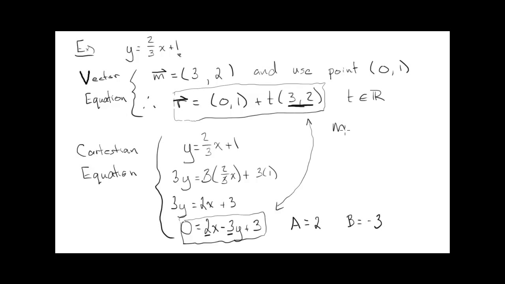And up here, the direction vector was 3, 2. Do we notice a connection between these? Maybe, right? 2, 2, 3, -3. So maybe they look perpendicular, you might say, if you were to write this as a vector.